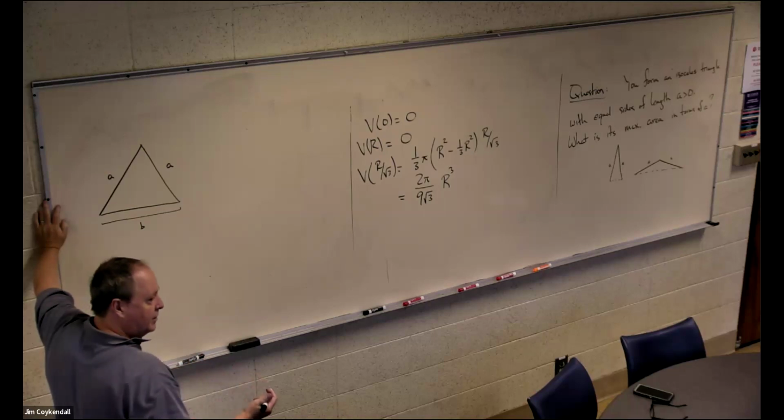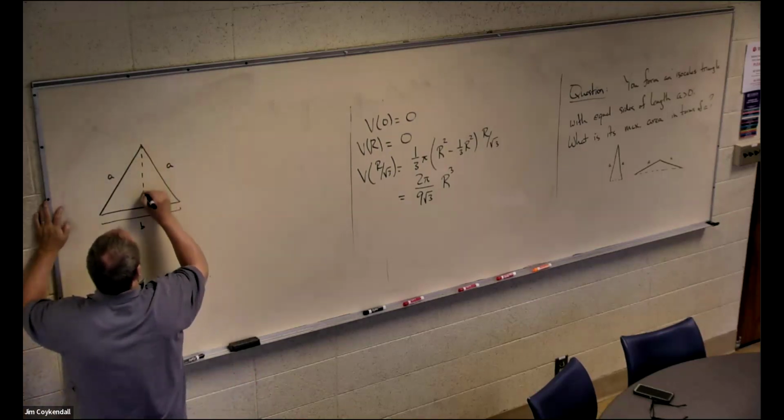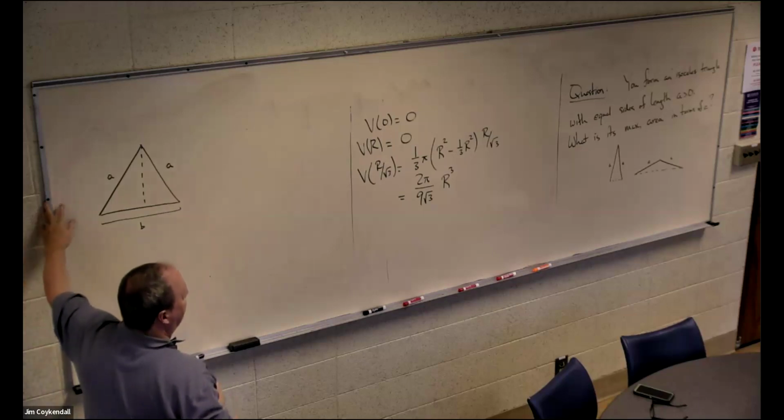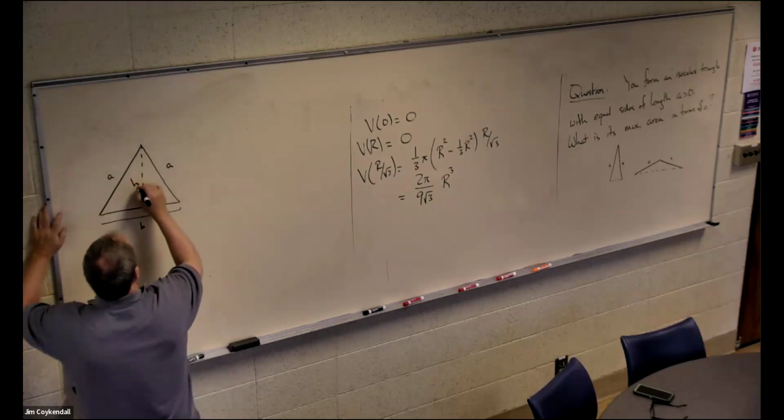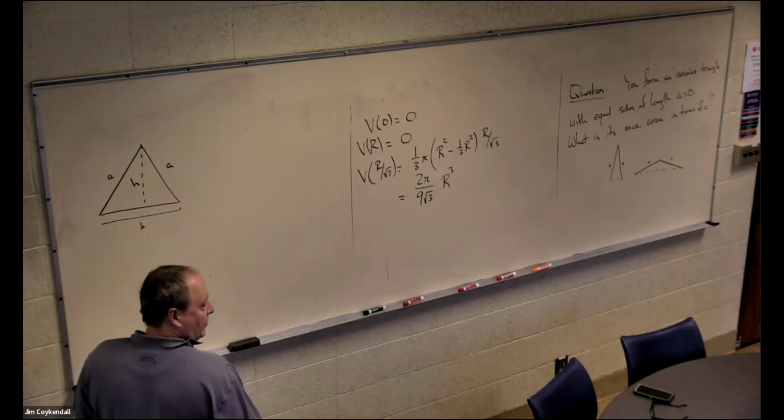You need its base and what else? Okay, so maybe I should look for that too, right? Let's call this height H. Now notice A is always the same, but B and H can vary.